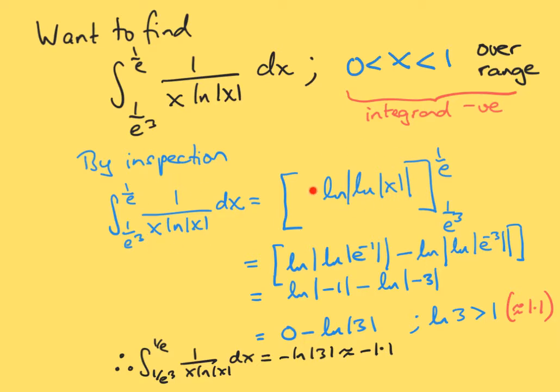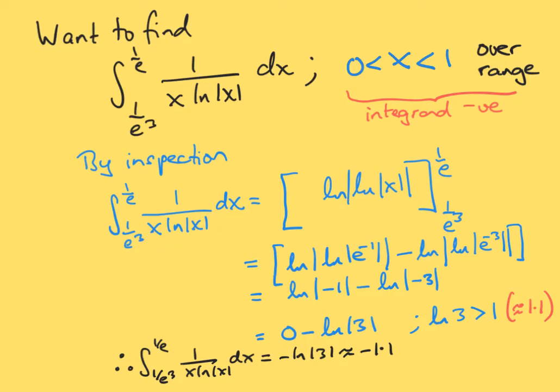So if I differentiate the log of log x, I get 1 over log of x, excellent, multiplied by the derivative of the argument, and that's going to give us the derivative of log, which is 1 over x. So this is perfect. I didn't need to leave the space there. If I differentiate that, I obtain this.